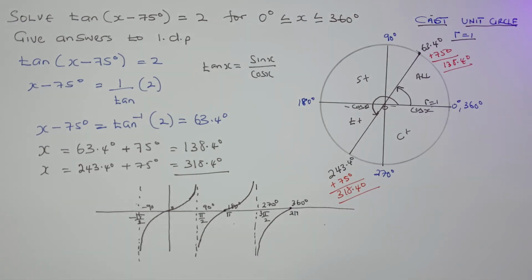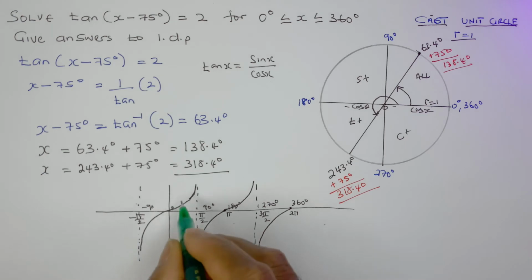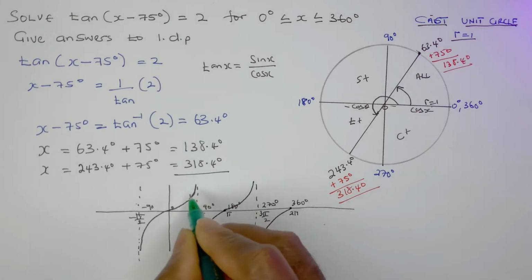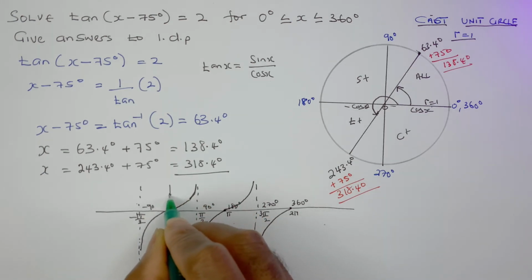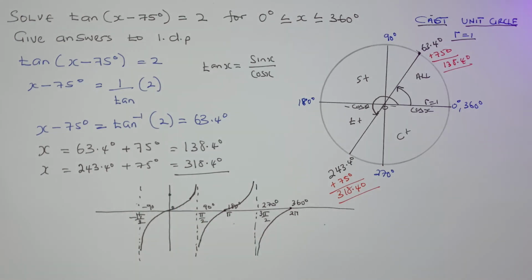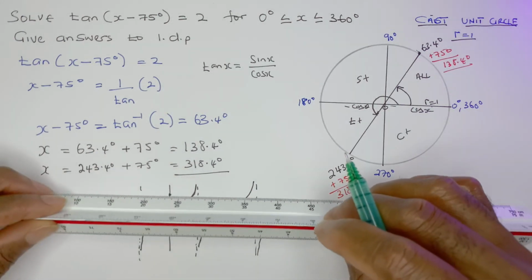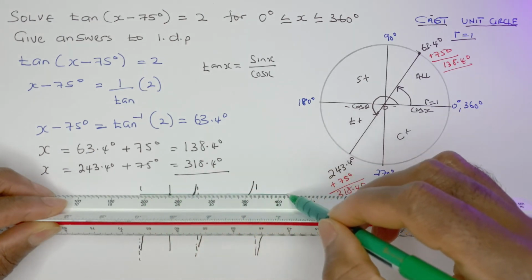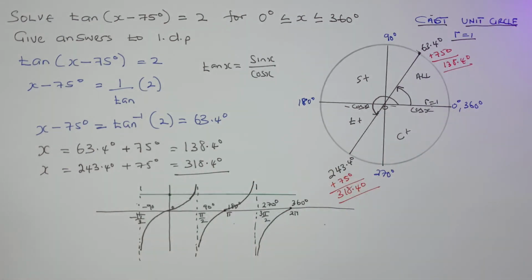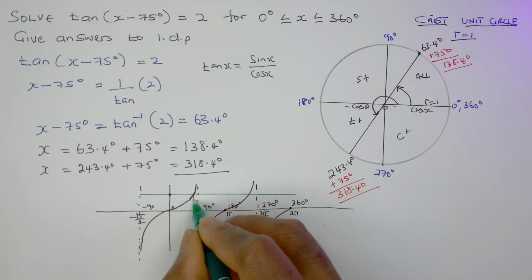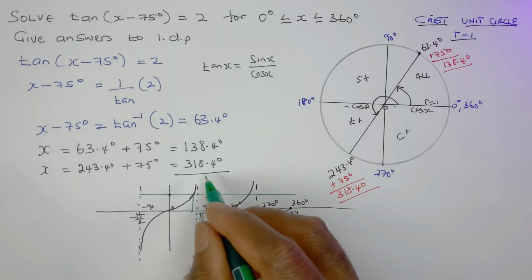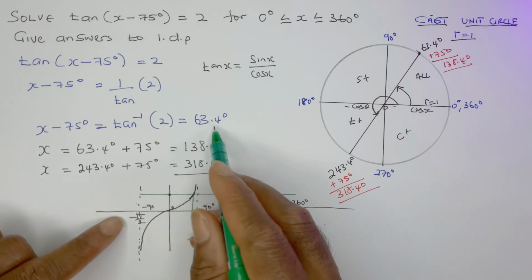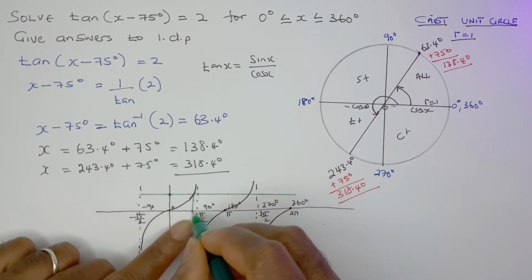And what we're looking for is where the value is 2. So if 2 was here somewhere, and we draw a straight line to meet that 2, just roughly, this is an estimate. So that gives 63.4 degrees.